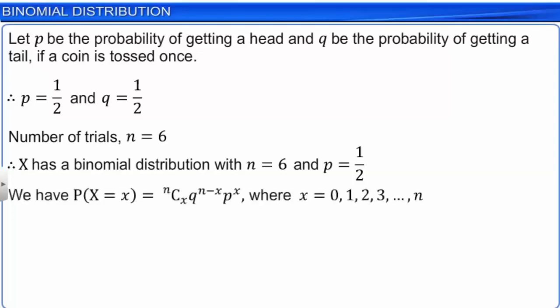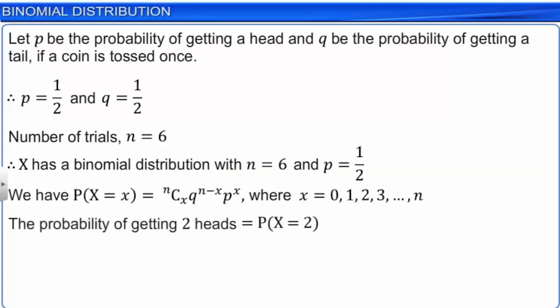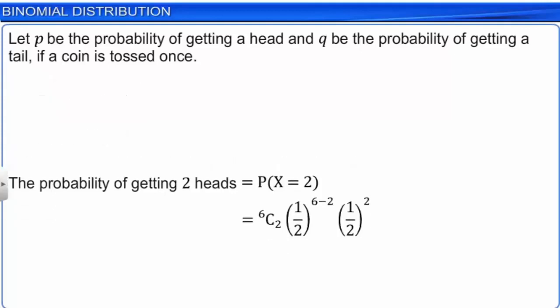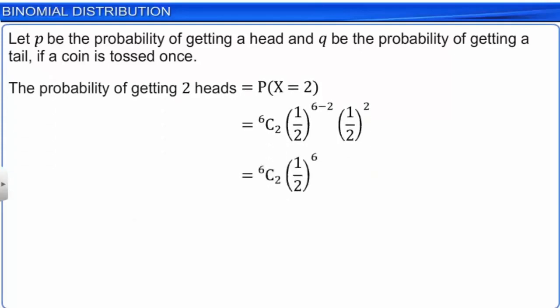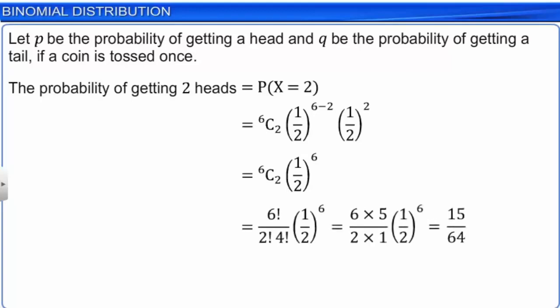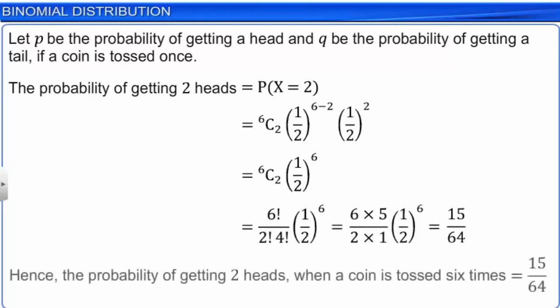Thus, the probability of getting 2 heads, or the probability that X can take the value 2, is equal to 6C2 into half raised to the power 6 minus 2 into half squared. This is equal to 6C2 into half raised to the power 6. On simplification, we get 15 divided by 64. Hence, the probability of getting 2 heads when a coin is tossed 6 times is 15 divided by 64.